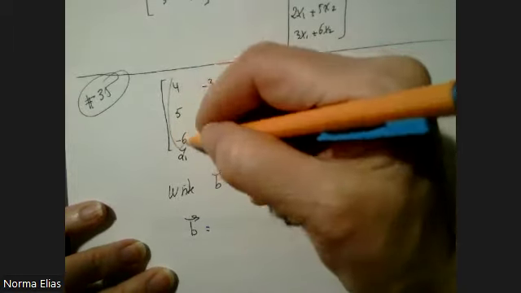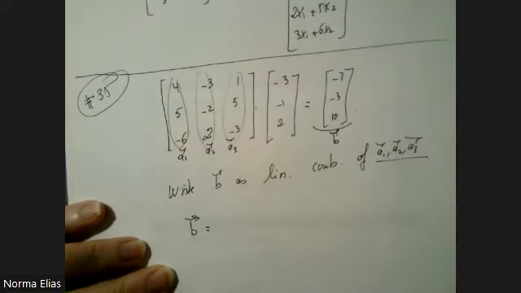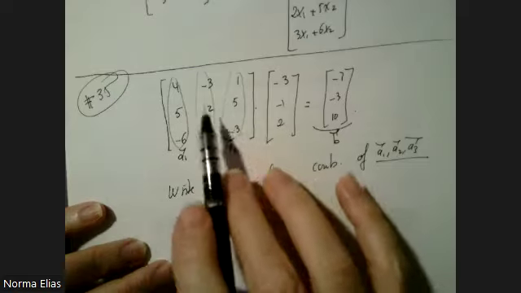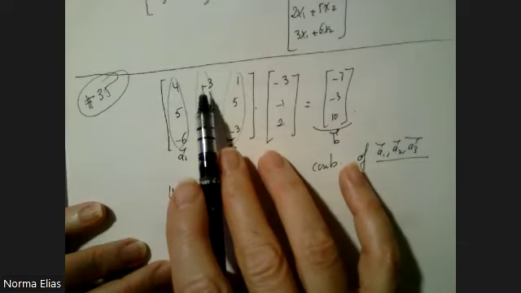So that's A1, that's A2, that's A3. Okay, quickly, how can I write B as a linear combination without any computation whatsoever? No. A1 plus A2 doesn't give you B. 4 minus 3 is 1.